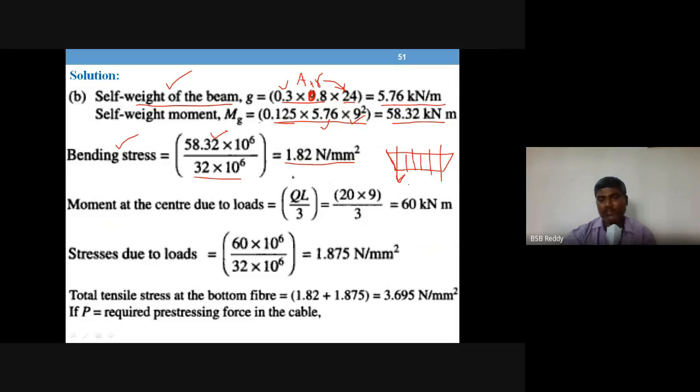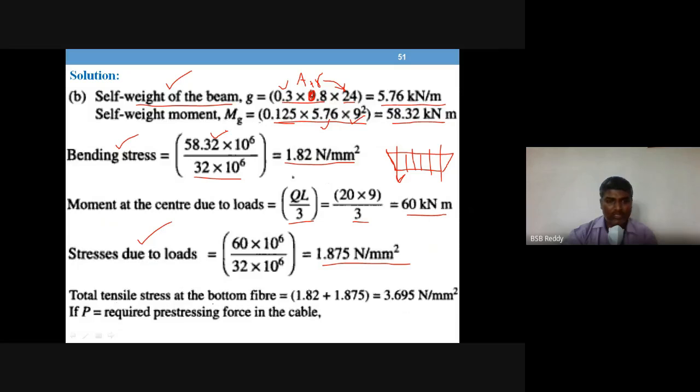Anywhere you see it is the same value. So even at center it is QL by 3 only. So that is 20 into 9 by 3, that is 60 kilonewton meter, and stress from that, MQ by Z, is 1.875 Newton per mm square.